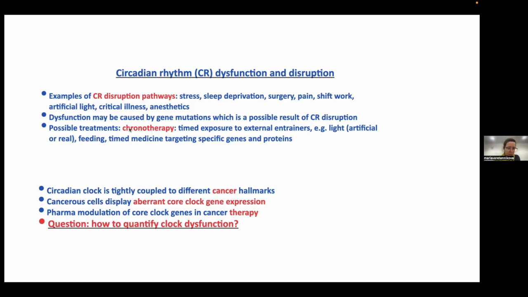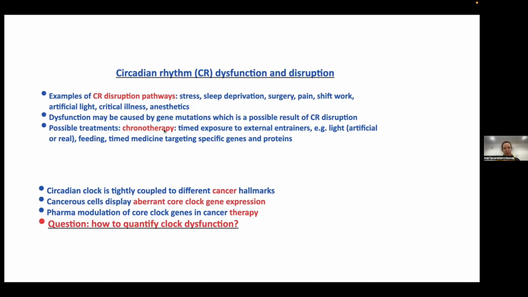I have briefly mentioned that one of the possible treatments is chronotherapy. Chronotherapy involves thinking carefully about what time a specific medicine should be administered in order to target the rhythm of, for example, the clock genes or the proteins that are closely connected to the genes.